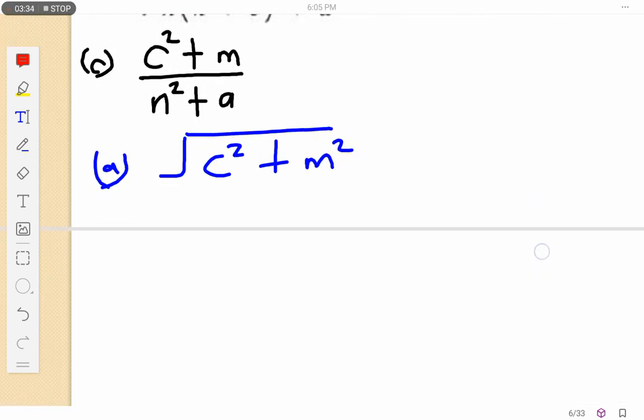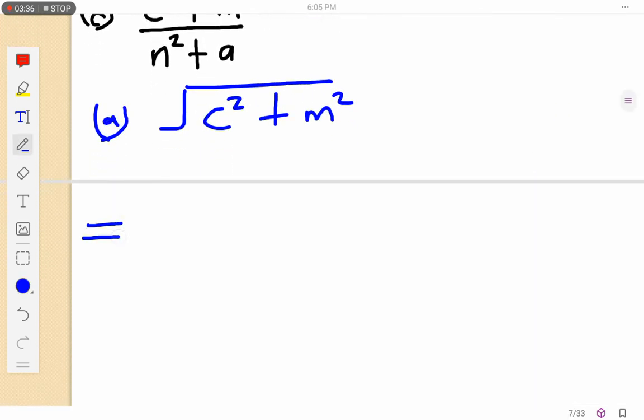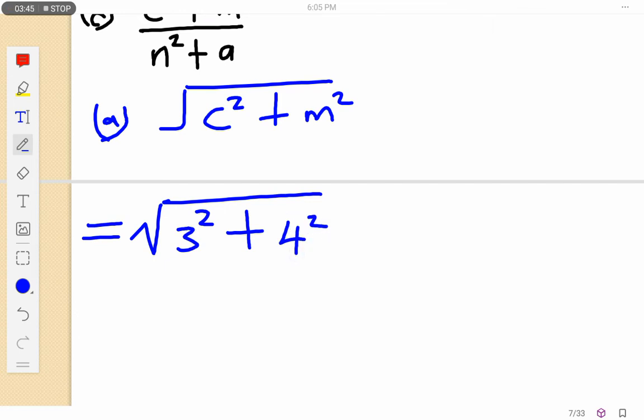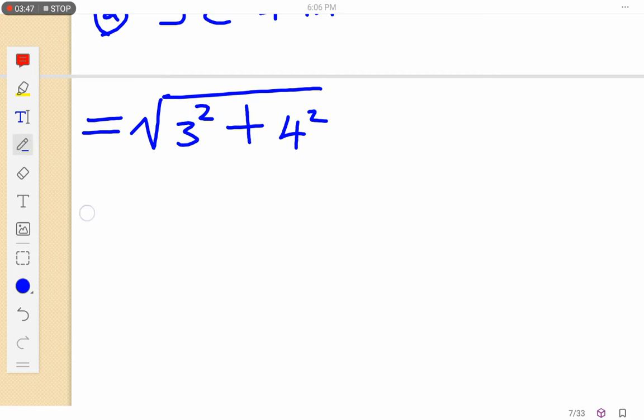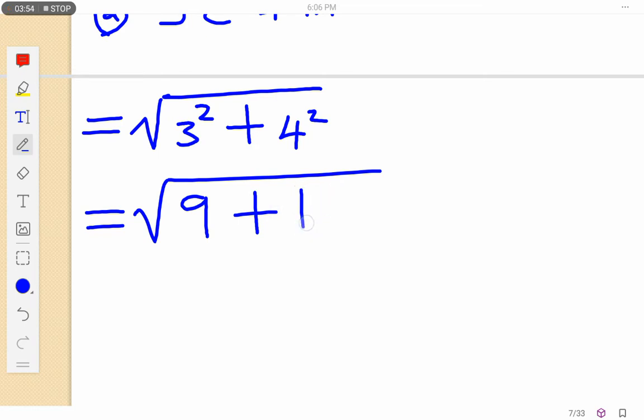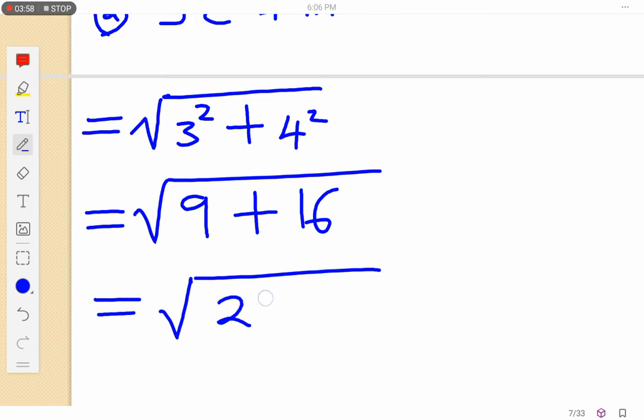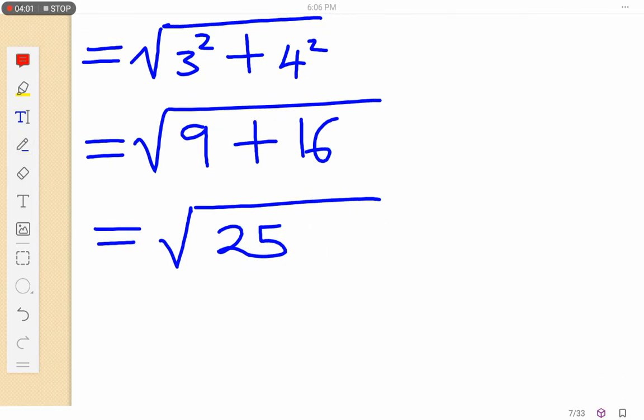Substituting, I will get square root of 3 squared plus 4 squared. Let's simplify. 3 squared is 9, plus 4 squared, 16. Adding 9 plus 16, we get 25. Then square root of 25 is equal to 5. So that's the value of that part.